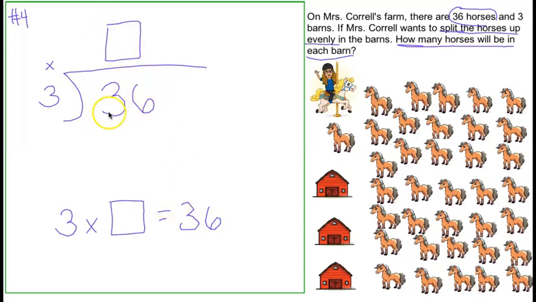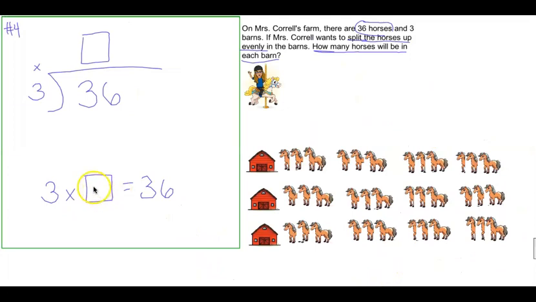We have 36 horses and only 3 barns. How is that going to look? How many groups will we get? Right. So if you figured out that 3 times 12 is 36, then you figured out the answer to this problem. Each barn will have 12 horses in it. 3 times 12 is 36.